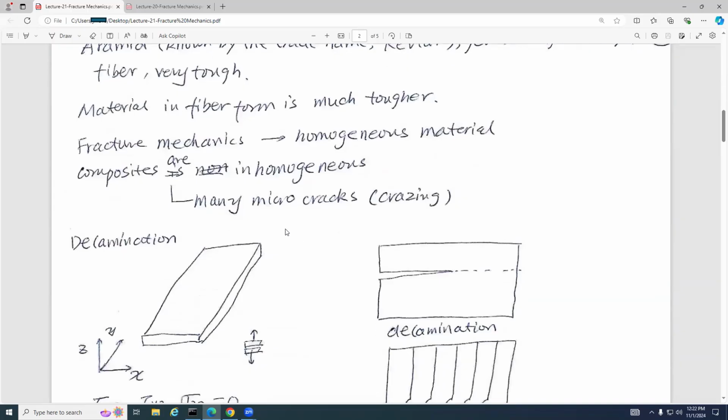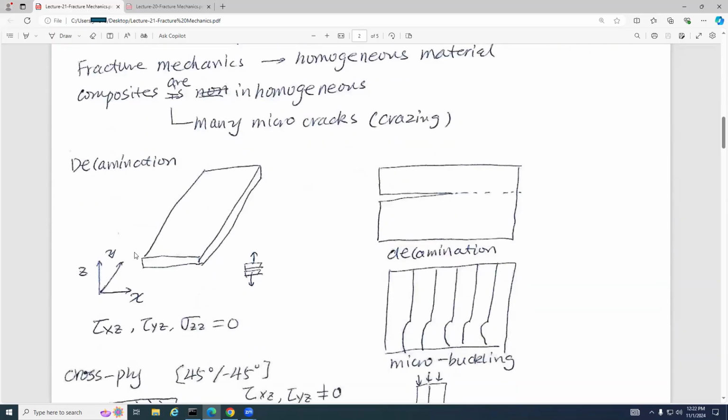So you can see the delamination. Delamination, as the name suggests, means that, suppose we have composites with different plies, different plates, and we just glue these plates together. When you apply the load, after some time, you can see these two layers separate.